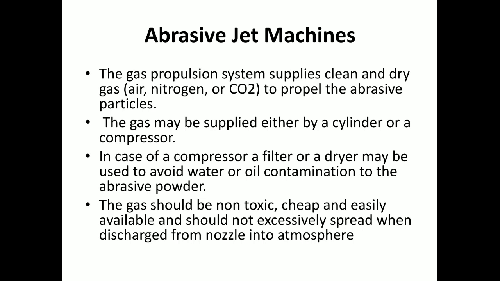The gas may be supplied either by a cylinder or a compressor. A compressor can be used to supply the gas at high pressure. In case of a compressor, a filter or dryer may be used to avoid water or oil contamination of the abrasive particles. The gas should be non-toxic.